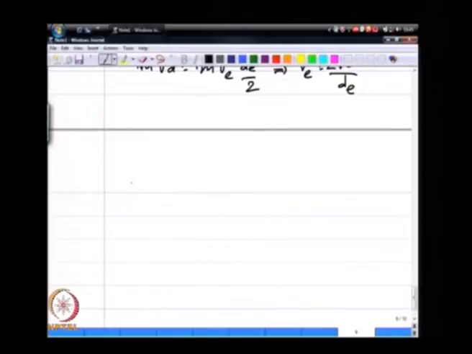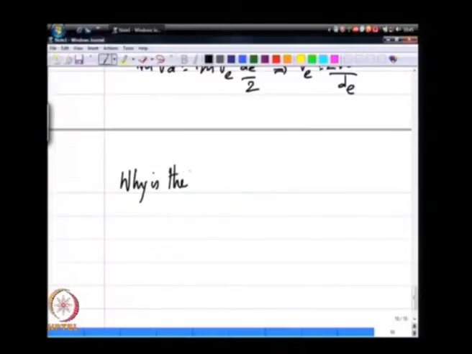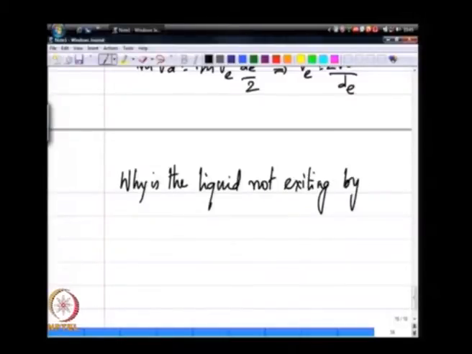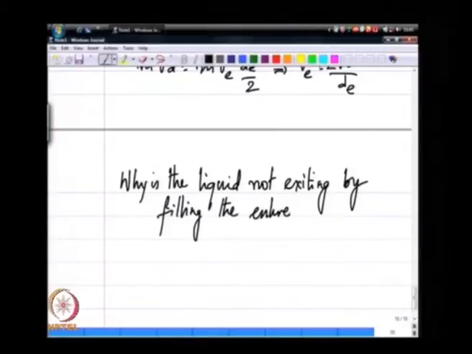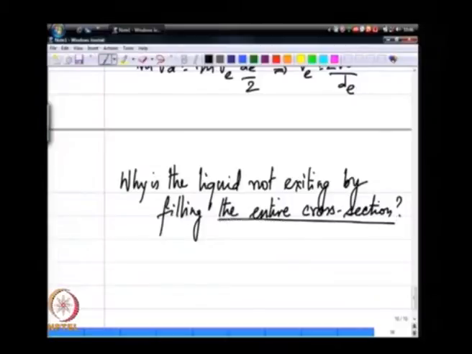Okay. So, we will go back to the solid body rotation.